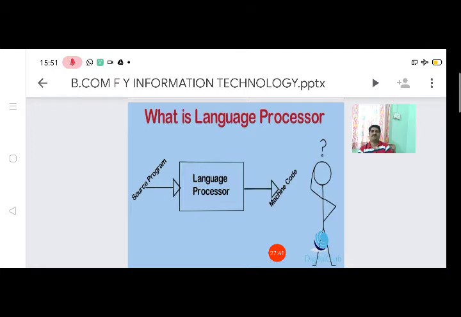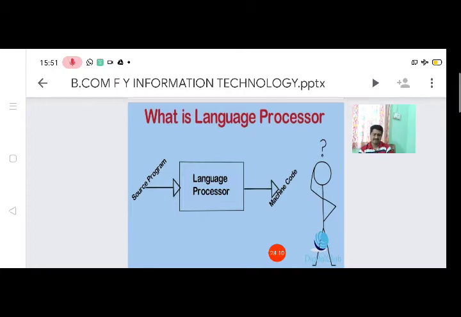Programs are written mostly in high level languages like Java, C++, Python. These high level languages are called source code, and this source code cannot be executed directly by a computer and must be converted into machine language.